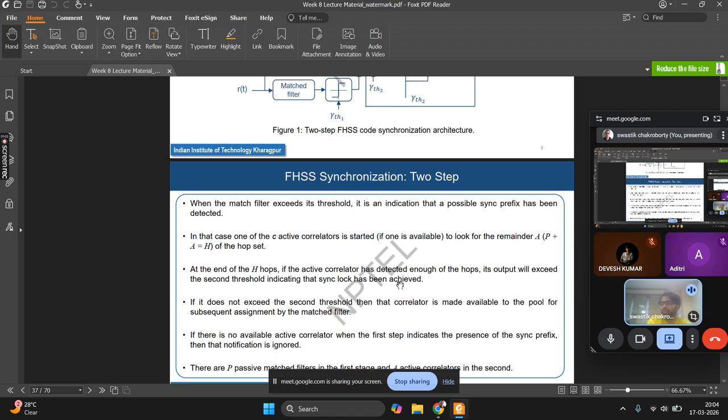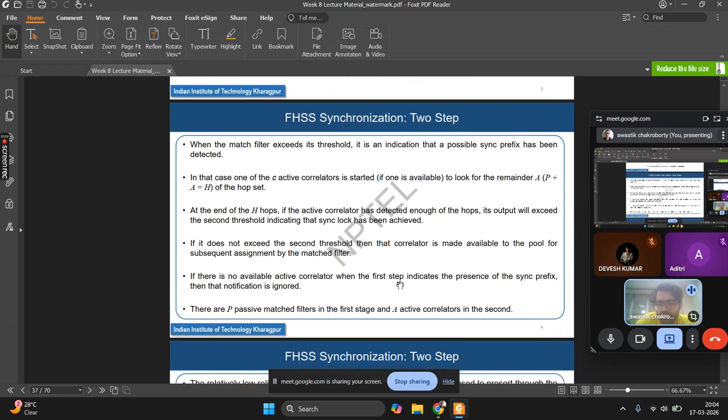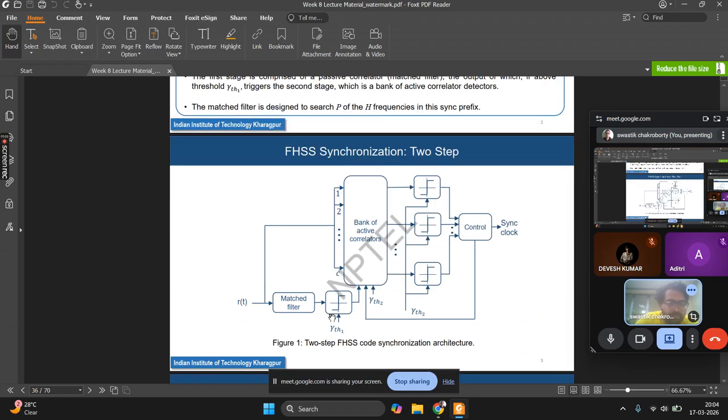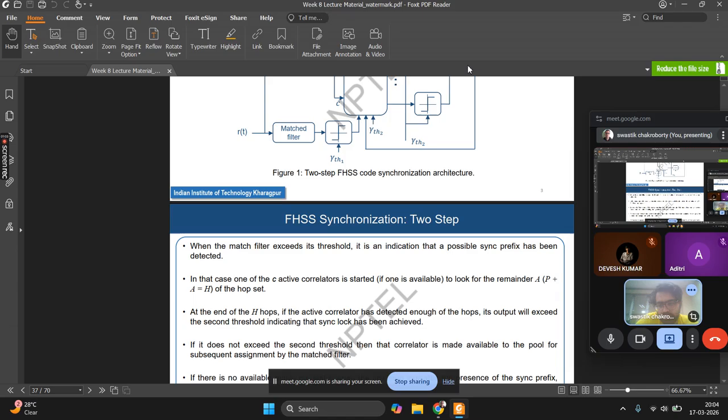So instead of always doing a parallel search across all the hops simultaneously, you do it only when you have a particular matched filter threshold crossing. If it does not exceed the second threshold, the correlator is made available for subsequent assignment by the matched filter. So first the matched filter will pre-filter, and then the bank of correlators will finally give you the actual hop sequence.